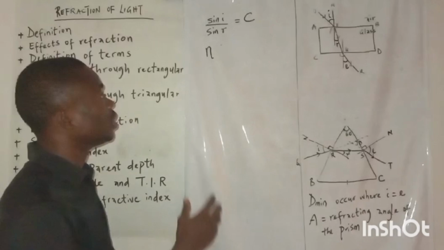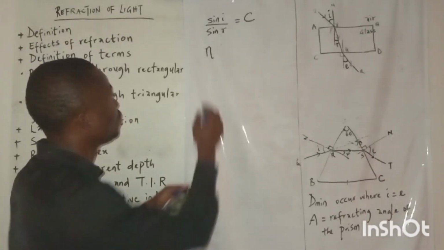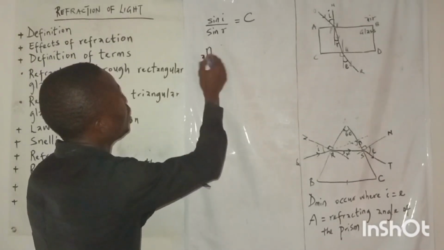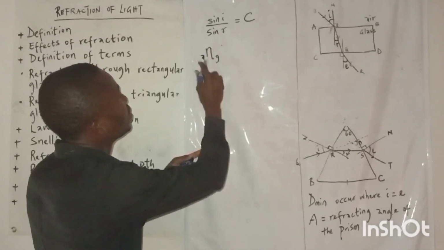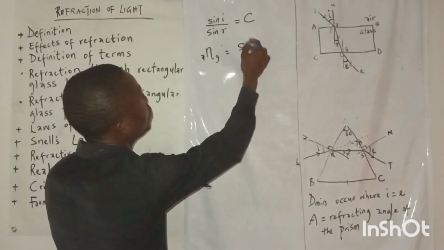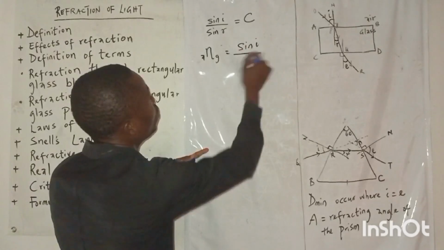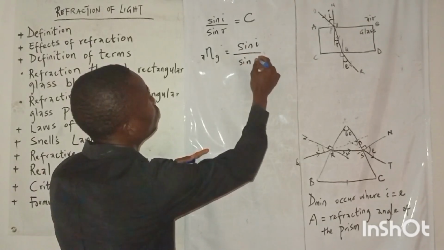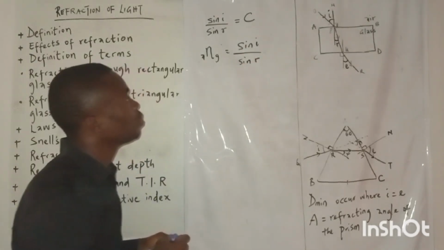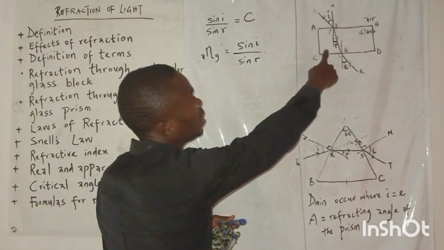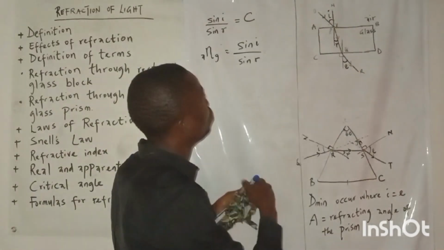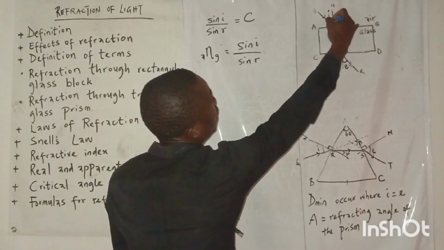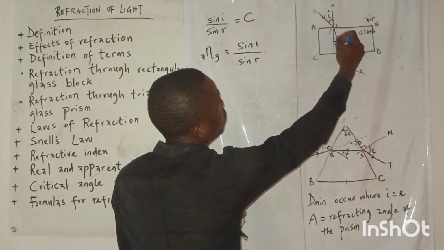But in this case, we have refractive index from air to glass. When light travels from air to glass, the refractive index is equal to the sine of the angle of incidence all over the sine of the angle of refraction. In this case, light is traveling from air to glass, and you will notice that the angle of incidence is in air and the angle of refraction is in glass.